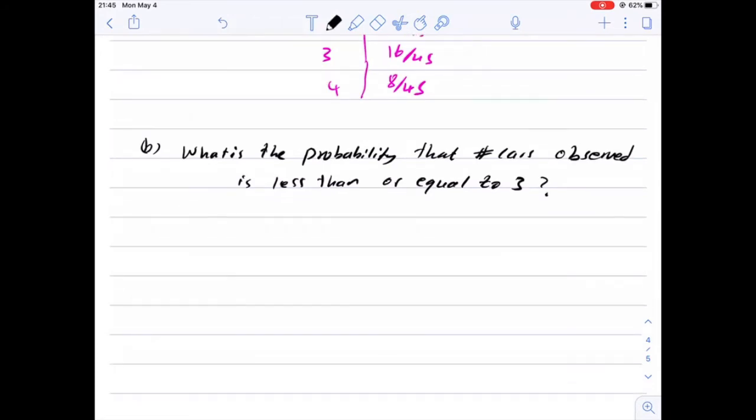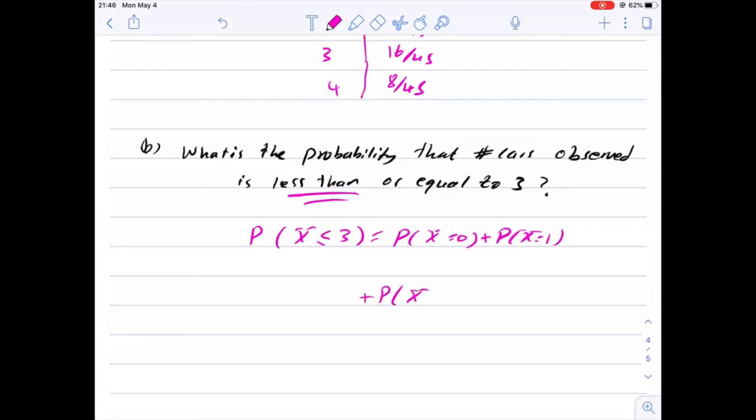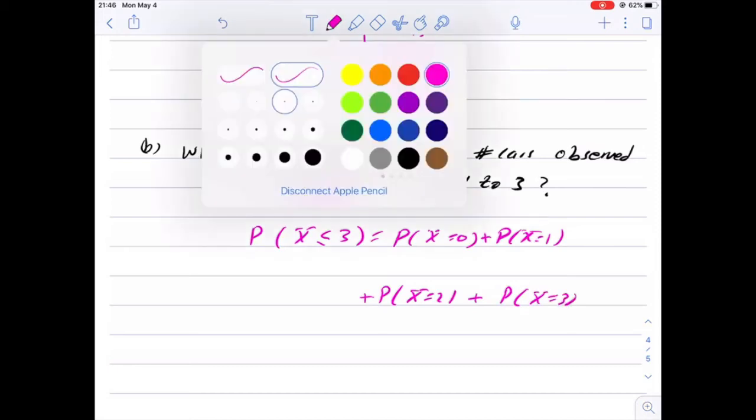So here we apply the probability that the value of the random variable is less than or equal to 3. That means probability of x equals 0, plus x equals 1, plus x equals 2, plus x equals 3.